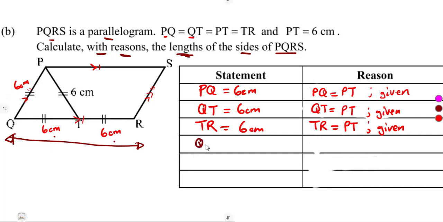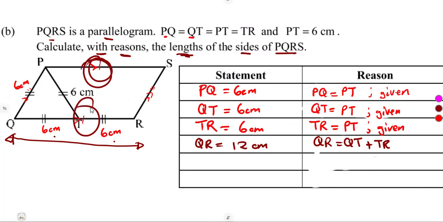So QR is equal to what? 12 centimeters. That is simply by adding from Q to T, QT, plus T to R. We just add, because we have already these before. So you just have to add. But remember, this is what? A parallelogram where opposite sides are equal.